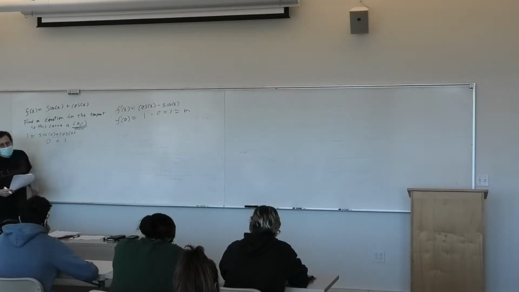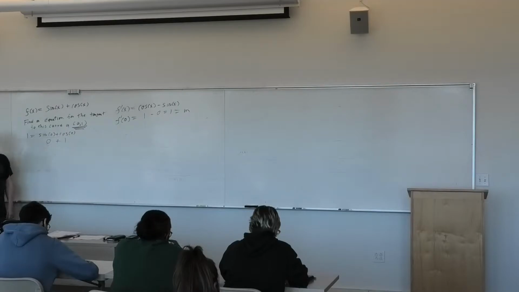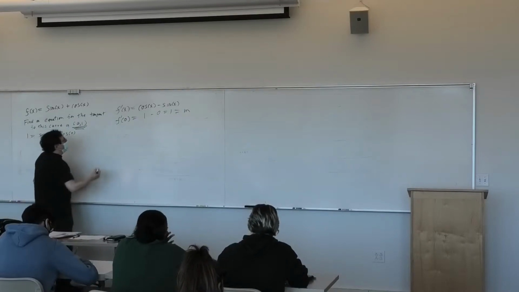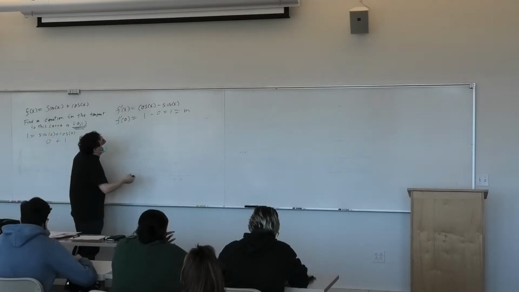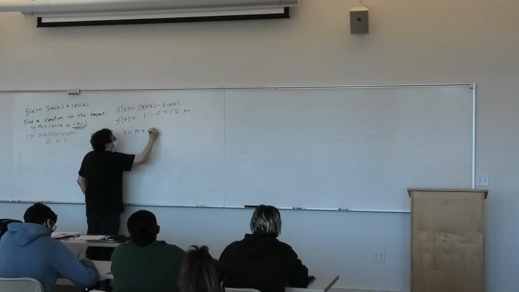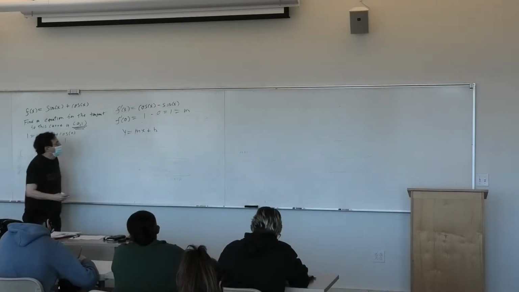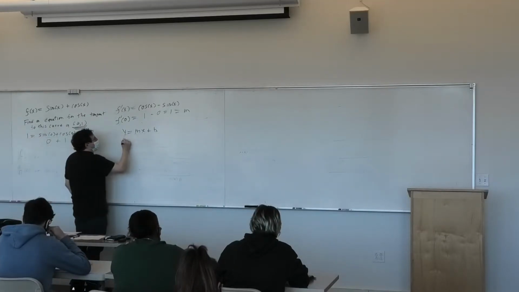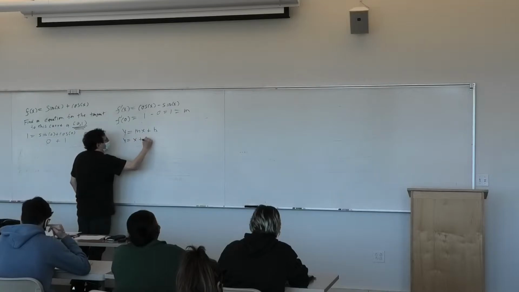Now, if you happen to know the point-slope form, you can just write it down. I like to write y equals mx plus b. I remember that from high school. m is 1, so y equals x plus b.